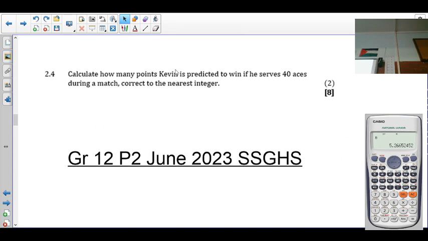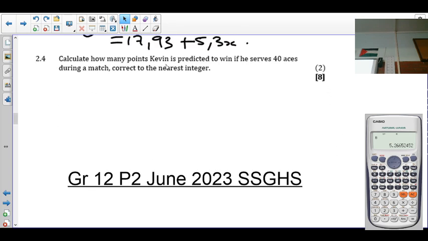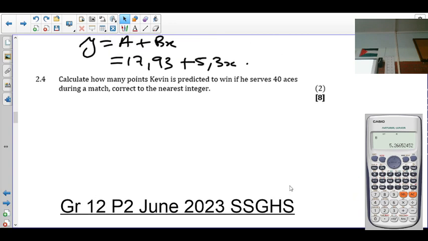And then calculate how many points Kevin is predicted to win if he serves 40 aces during a match, correct to the nearest integer. Nearest integer is basically the nearest whole number there. So with 40 aces, aces represents the x.